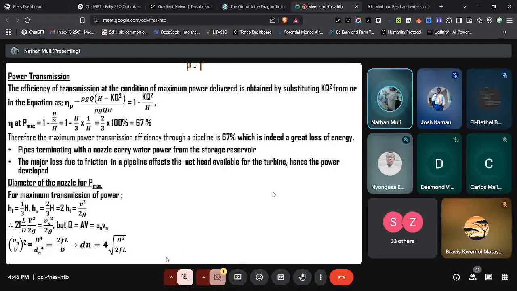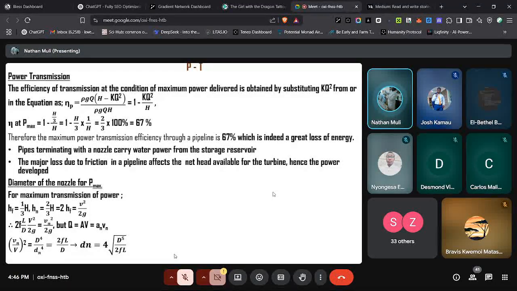If HV is equal to HF equal to 1/3 of H, HN, that is the head at the nozzle, is 2/3 of H, or 67% of H. That will be equal to 2 times HF, which is equal to V squared upon 2G, and 2 times FLV squared by D2G will be equal to Vn squared by 2G.